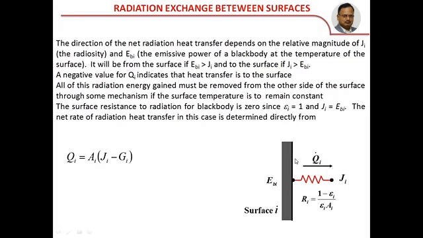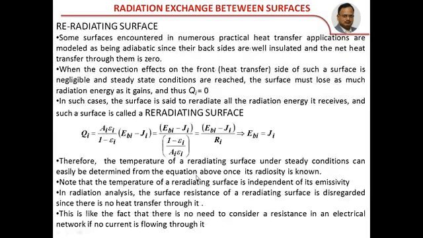The surface resistance to radiation for a black body is 0, because epsilon I is equal to 1, and then J I will be equal to E B I. That is what we have seen. No resistance, whatever amount is emitted is nothing but the radiosity. And the net rate of radiation heat transfer in this case is determined directly as A I into J I minus G I.